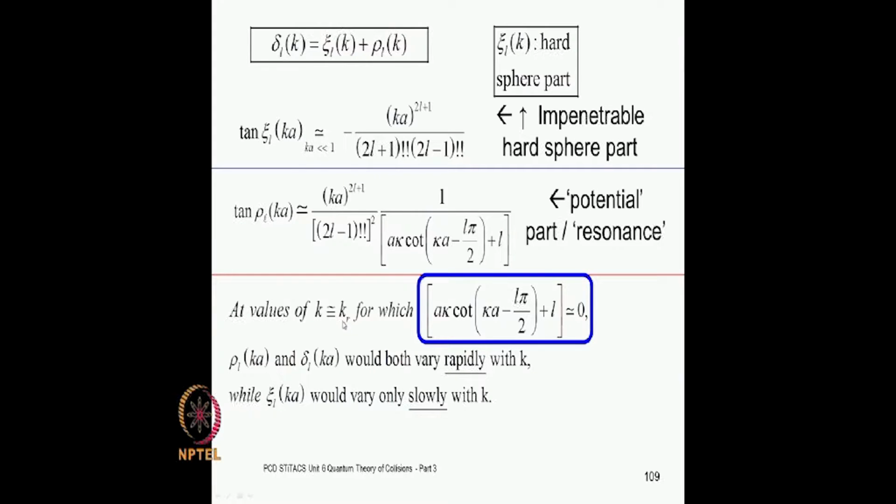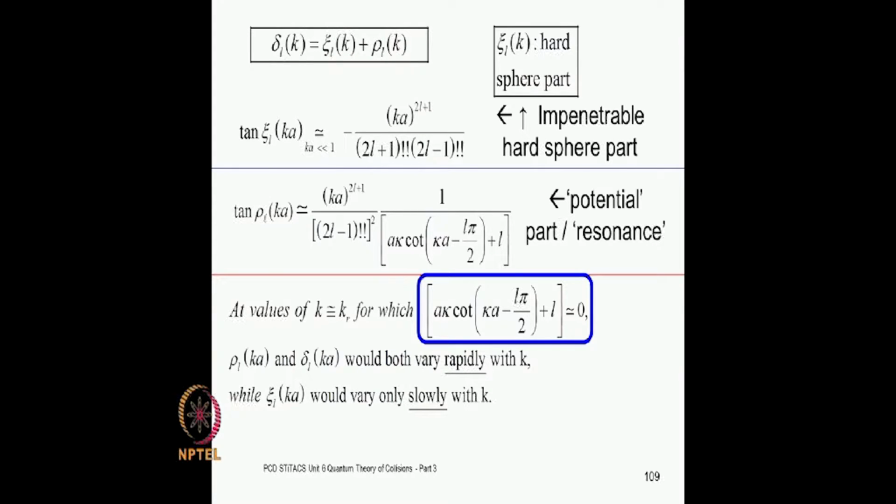So, k subscript r is the resonance momentum in units of h cross. So, h cross k is the momentum. So, this is the k value corresponding to that, and when this happens, this phase shift rho, and as a result of this rho also the phase shift delta, which is the net scattering phase shift, okay, because in the detector when you carry out measurements you will see the net effect.